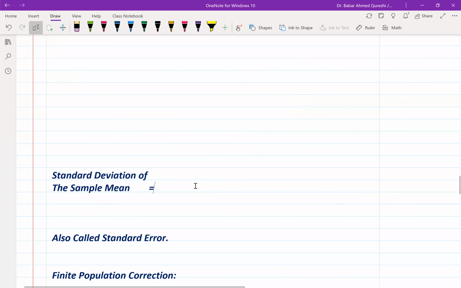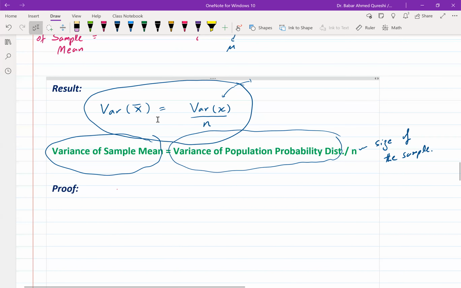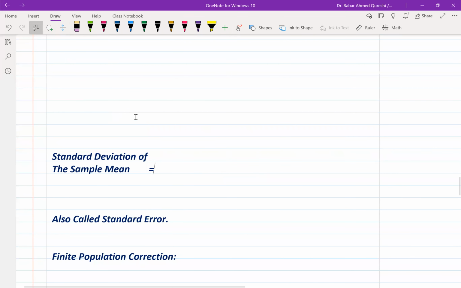Now from this, you have the variance of the sample mean, and you can also define some quantity which is very closely related. This is called the standard deviation of the sample mean. This is the variable whose standard deviation I am computing, and it's denoted by sigma, which is just the square root of the variance of the sample mean.